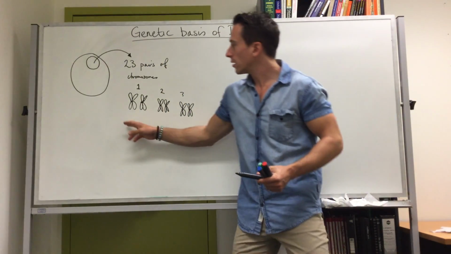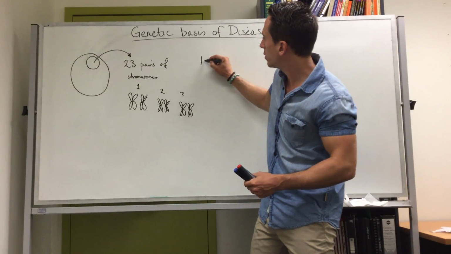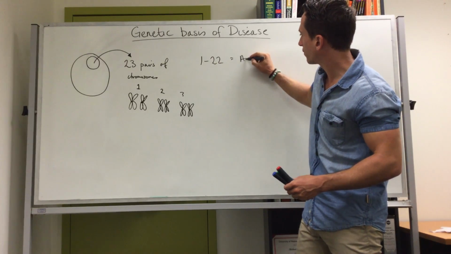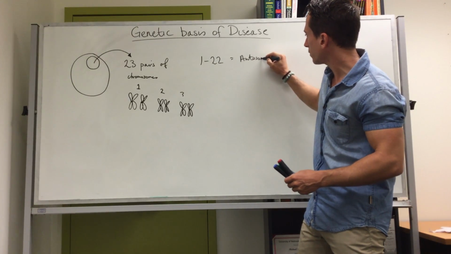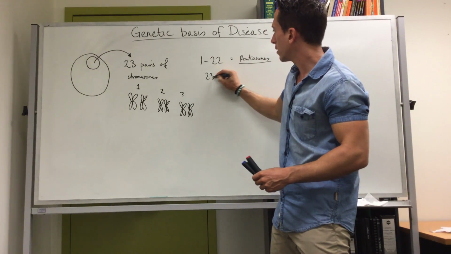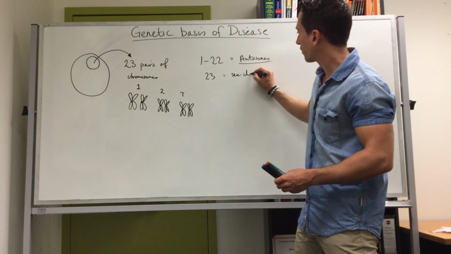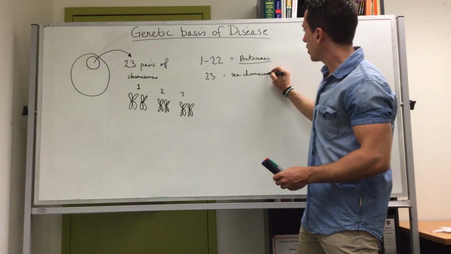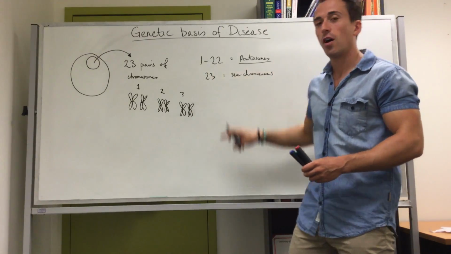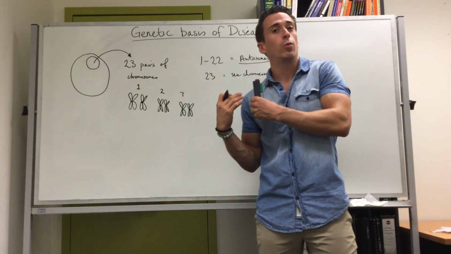Now, the first 22 pairs of chromosomes, from 1 to 22, are known as our autosomes. And I'll talk more about this in a sec. Number 23 is known as our sex chromosomes. It is the 23rd pair of chromosomes that defines our genetic sex, so whether genetically we are male or genetically we are female.